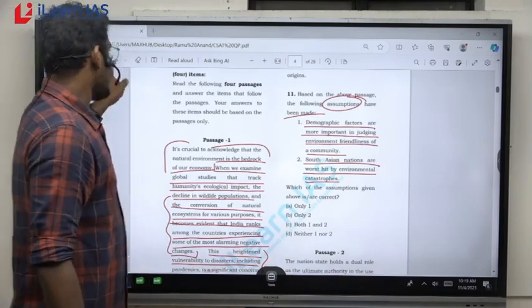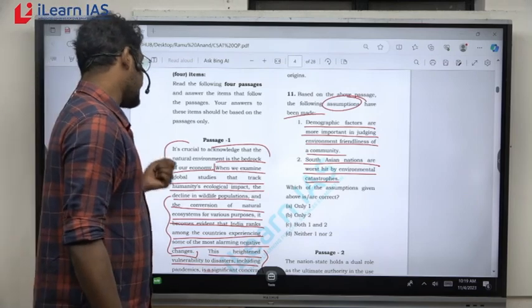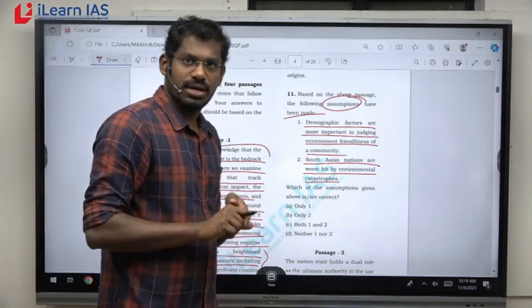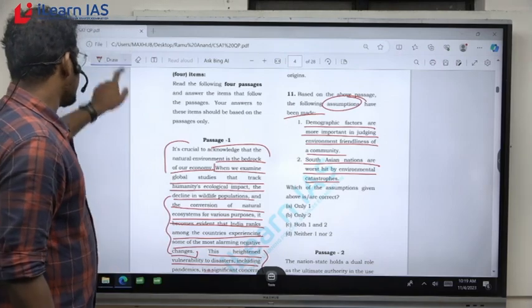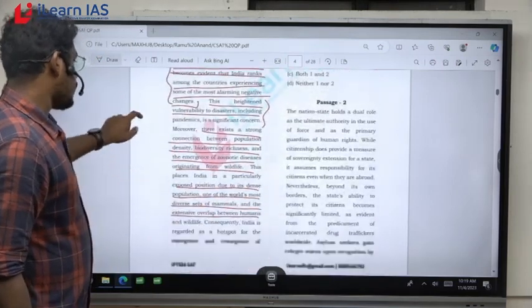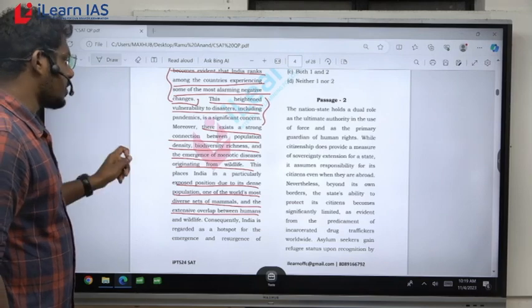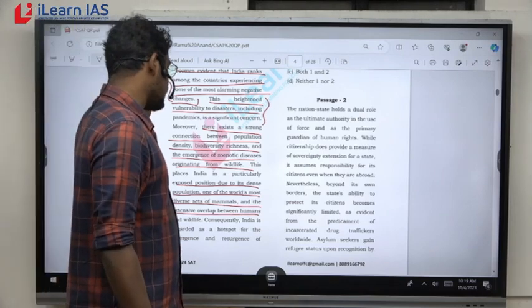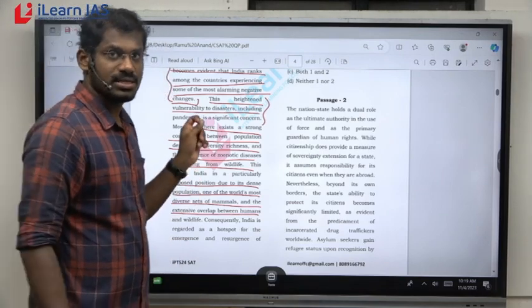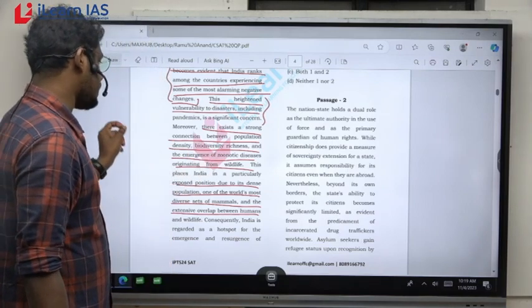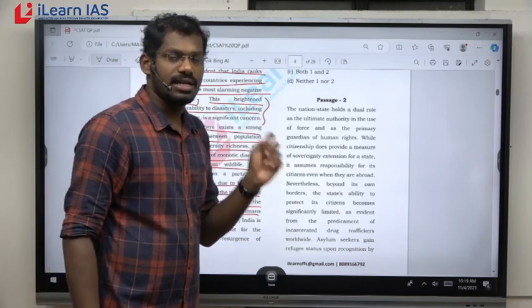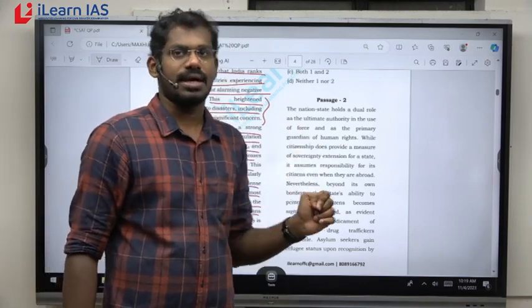So it is clear that the passage says that the economy and the environment have a mutual relationship. The passage also says, pointing to India's vulnerability to disasters, zoonotic diseases and pandemics, that there is a positive relationship between the population and India's vulnerability to environmental catastrophes.